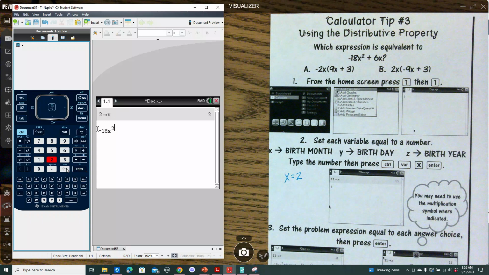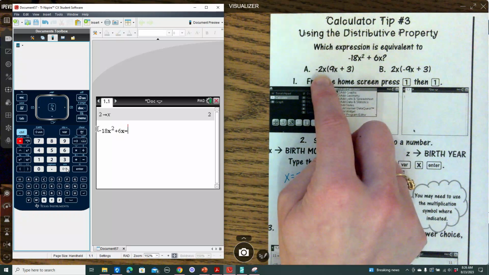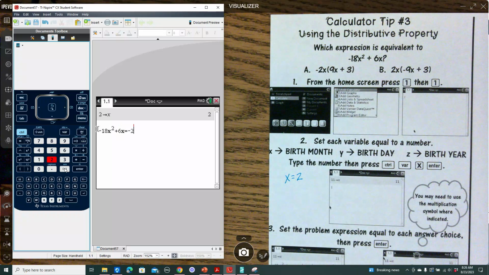Negative 18x squared plus 6x. And then I set it equal to the first answer choice. And I need to type it exactly like it shows it. And then I hit enter.